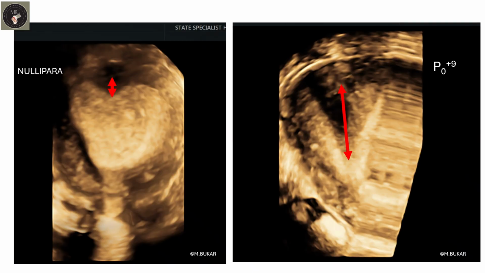So let's compare these two images from two different cases. This is a 20-year-old nullipara being evaluated for primary infertility. Here you can see normal fundal contour. This is a 28-year-old, look at this, para 0 plus 9. Again, normal fundal contour.